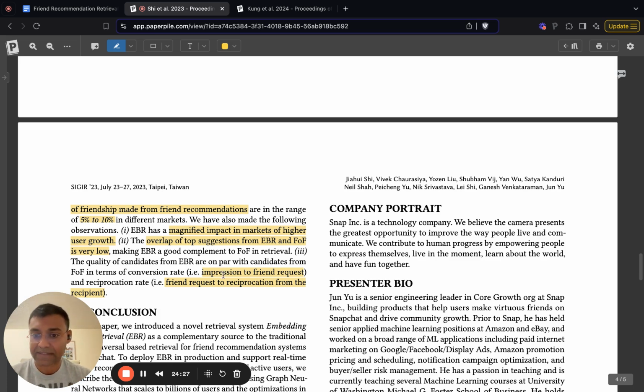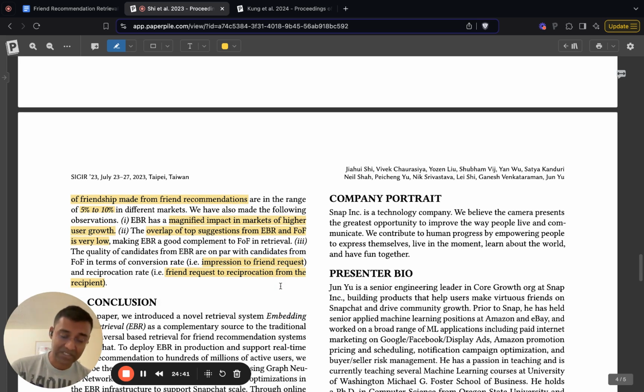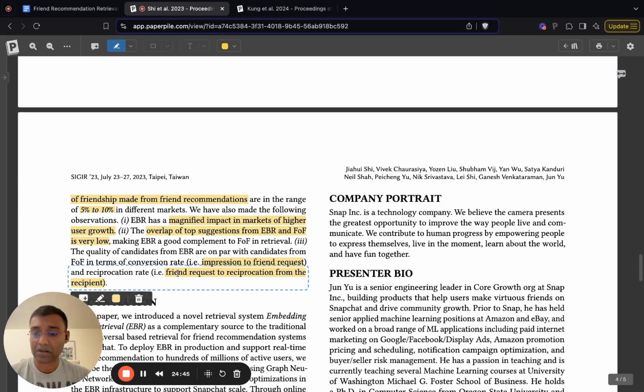They also find that the efficiency of candidates coming from embedding-based retrieval is high, because the impression to friend request and friend request to reciprocation, which means acceptance, are both on par with candidates from friend of friends in this 2023 paper.